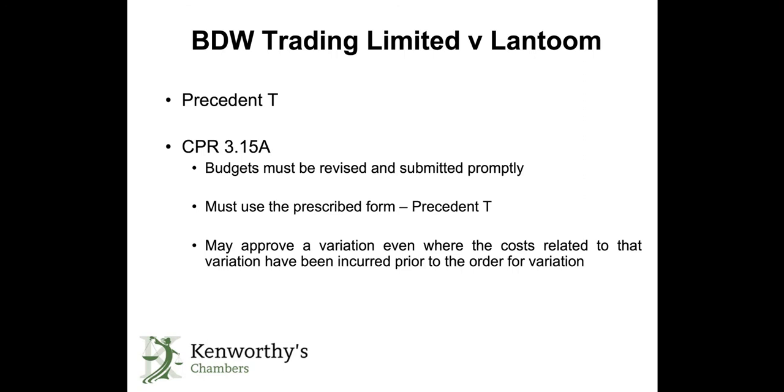There was a case of Sharp and Blank, which effectively decided, albeit non-binding, that the point at which the cost management order is made is the point at which the incurred costs are at an end, and so anything after that date is future work, even if undertaken at the point of the variation being sought.